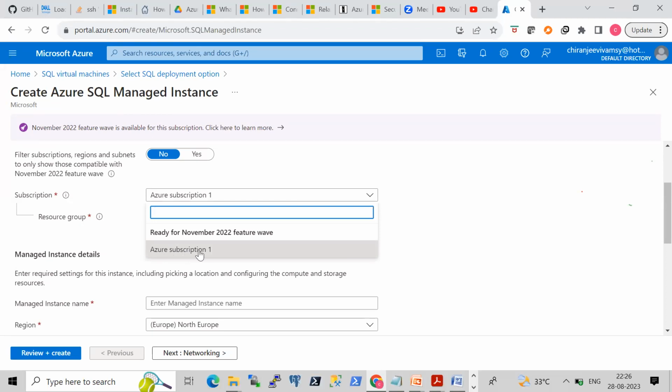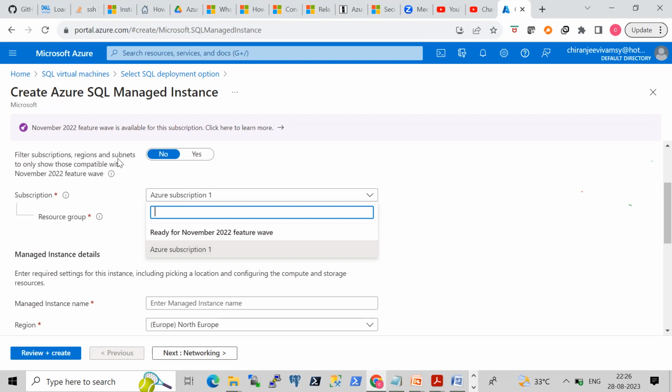But in real time, you will see development subscription, test subscription, production, pre-prod, something like that. When I choose the production subscription here, this feature will automatically be degraded. If you choose production or pre-prod subscriptions, this feature is not applicable.